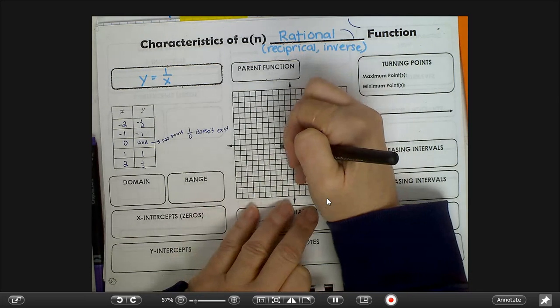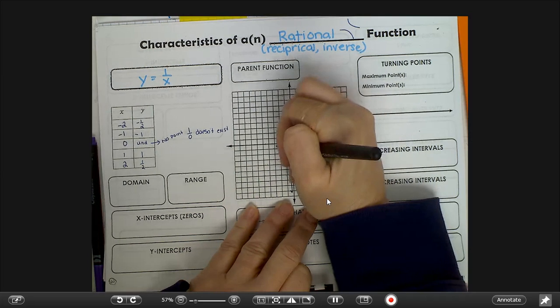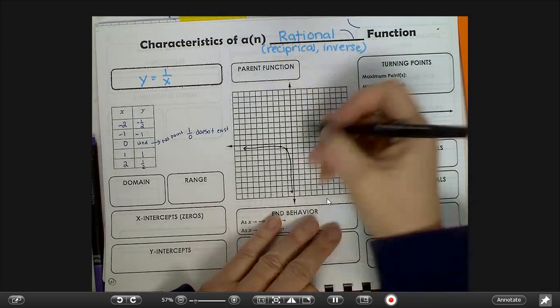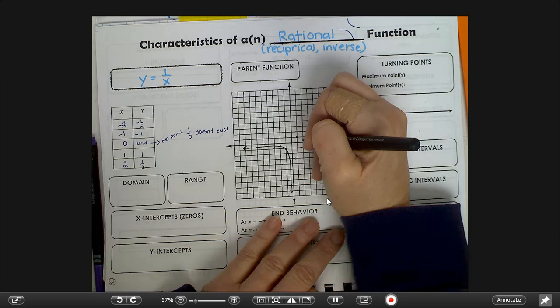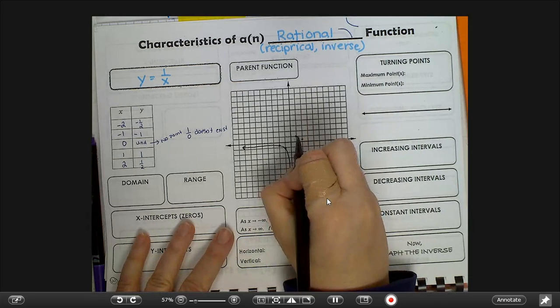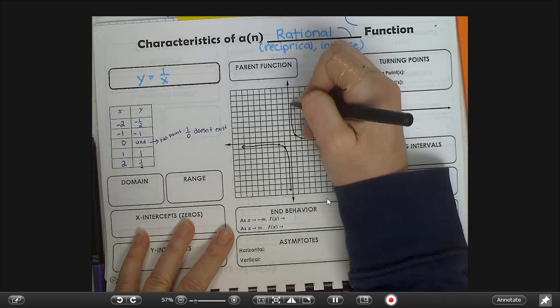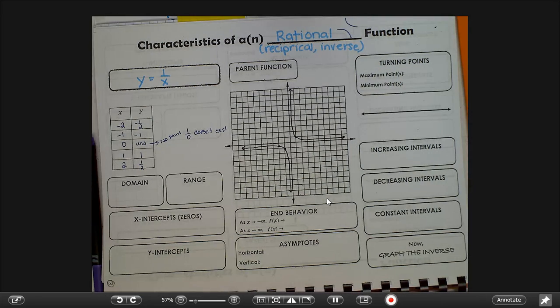And if you kept going, it would really look like this, never touching 0 because it doesn't exist. 1 and 1, 2 and 1/2. It's going to go just like that. So that's what the parent function of that one looks like.